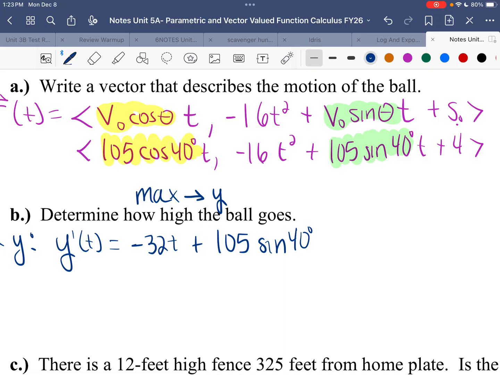We want to find when the maximum happened, so we're going to set the derivative equal to 0 and solve.